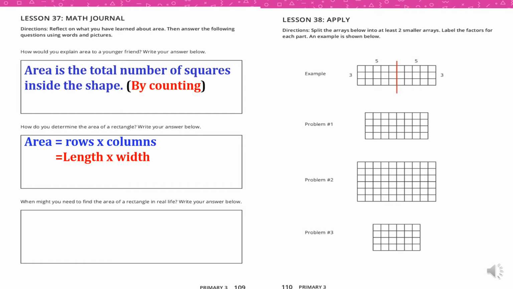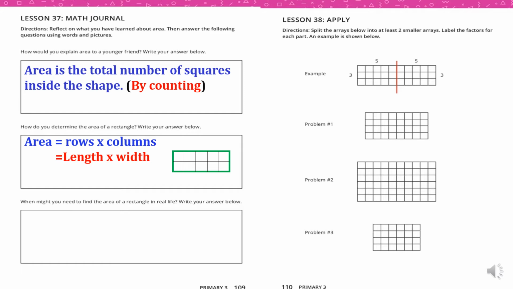If I have a rectangle like this, if I have rows and columns, I will count rows and multiply rows by columns. We have here 2 rows and 5 columns, so we will multiply 2 times 5. But if I don't have rows and columns, I will multiply length by width. What are length and width?